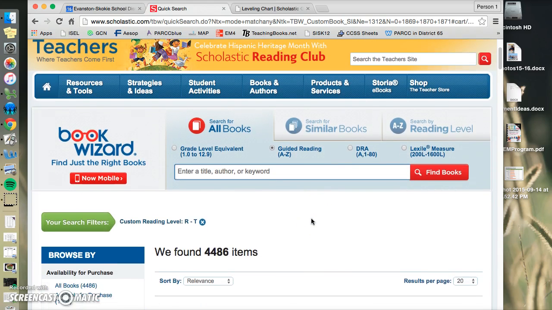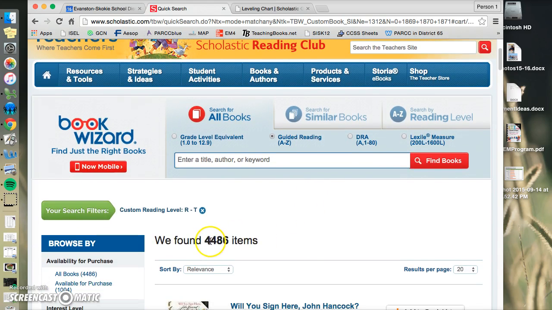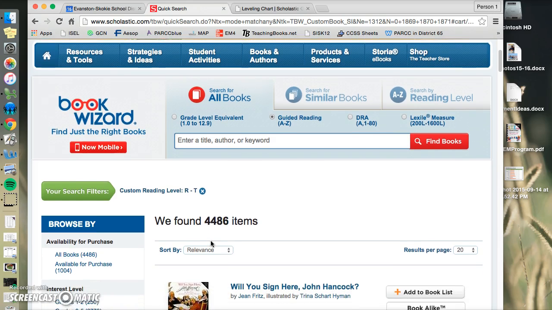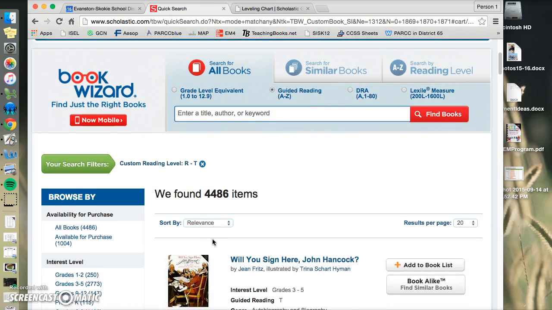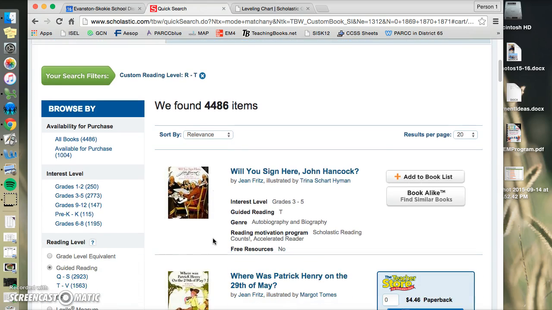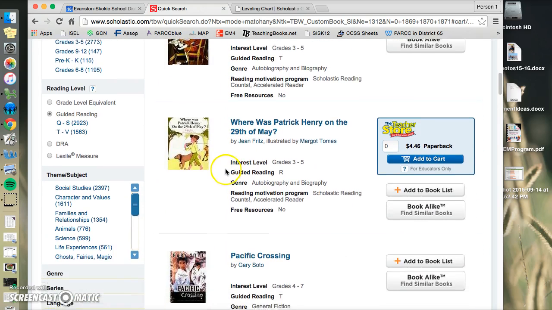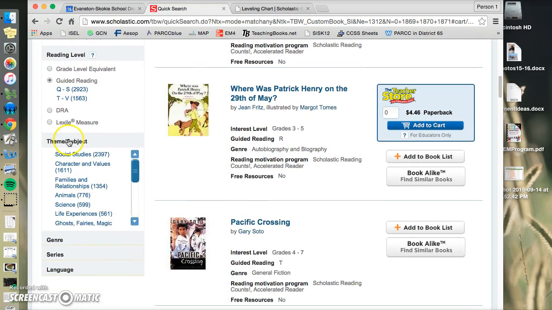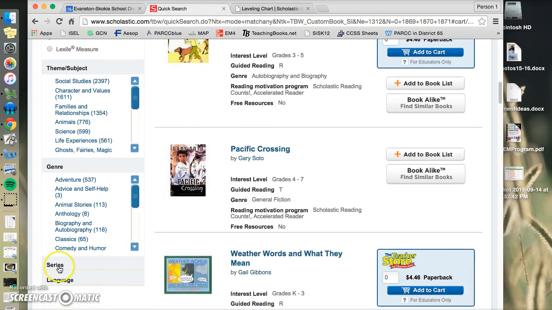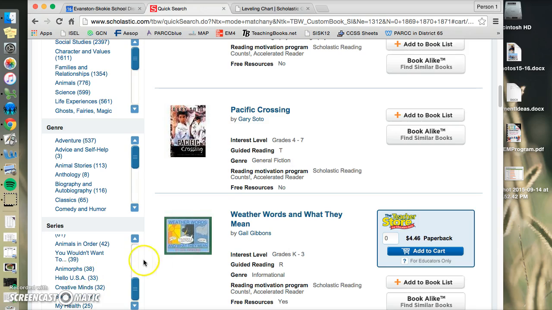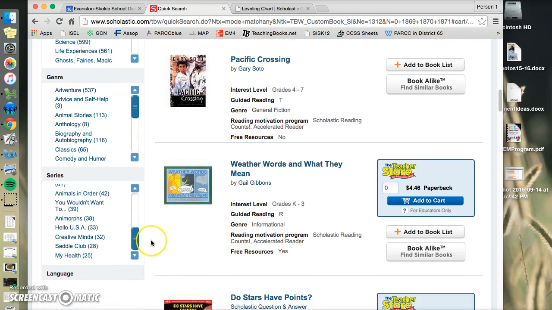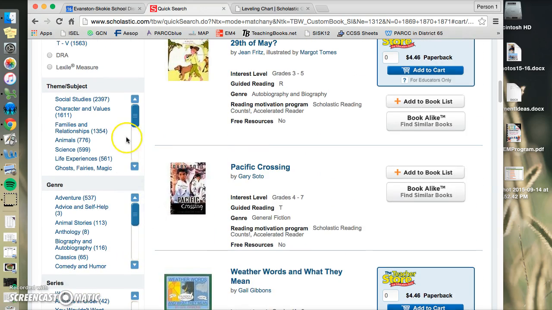Now it gave me about 4,500 books to read, which would fill up a summer for sure. But that's a lot of books. So I can sort it by author or title. Not as helpful as scrolling down and searching by theme or subject, genre, series, language, etc. So let's say I want theme or topic.